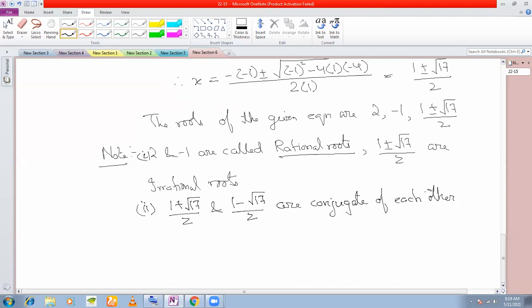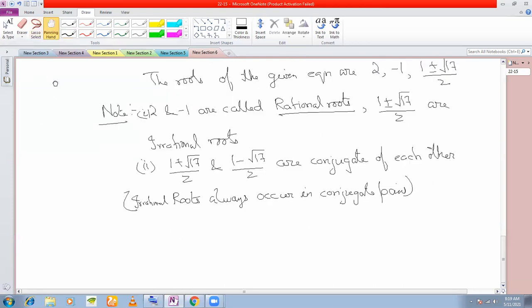So roots will always occur in conjugate pairs. Or remember this: irrational roots, in fact, always occur in conjugate pairs.